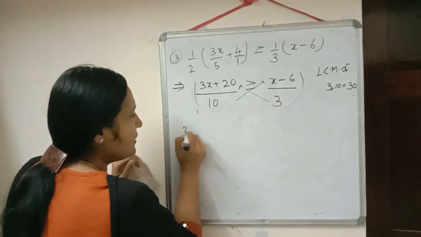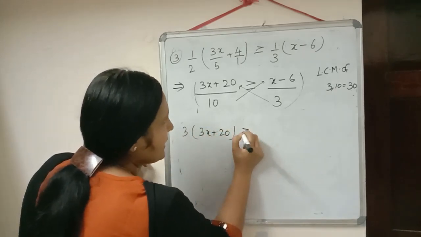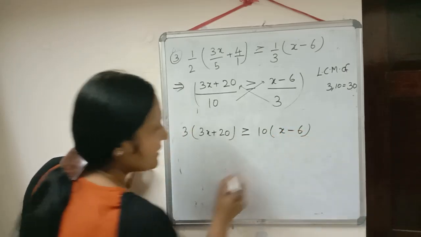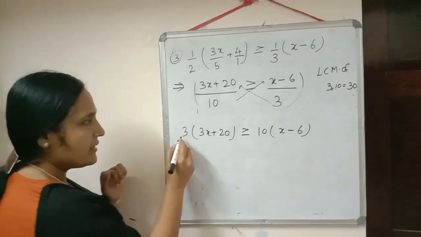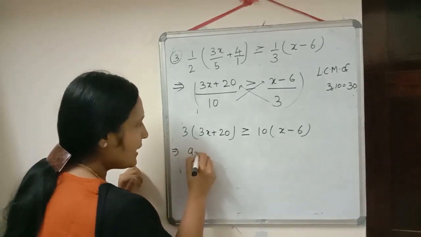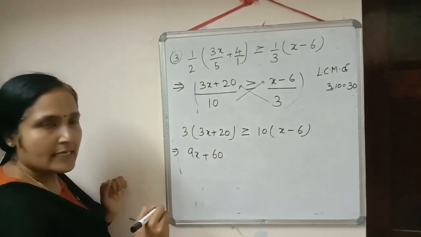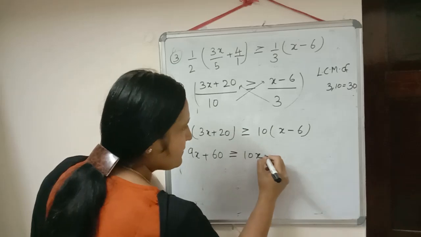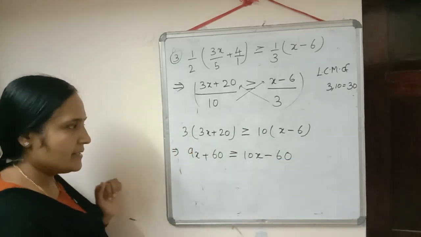Then it will be equal to 3 into 3x plus 20 greater than or equal to 10 into x minus 6. Now 3 will be multiplied here. Then we will get 3 3s are 9x plus 20 into 3 is 60, greater than or equal to 10x minus 10 into minus 6 is minus 60.